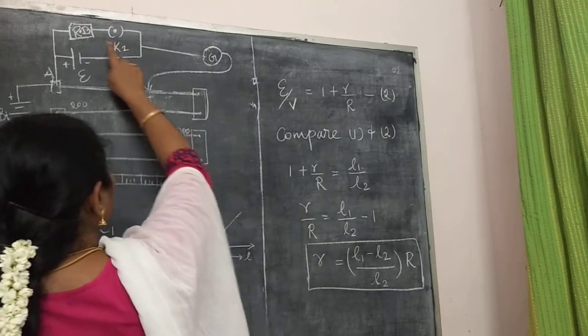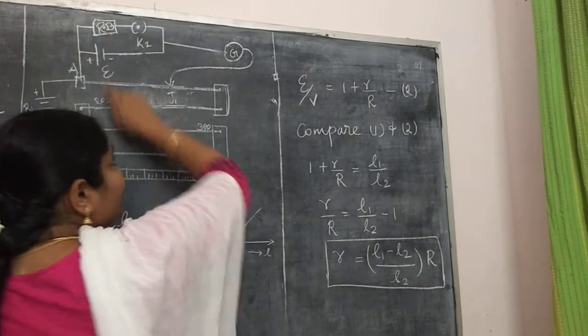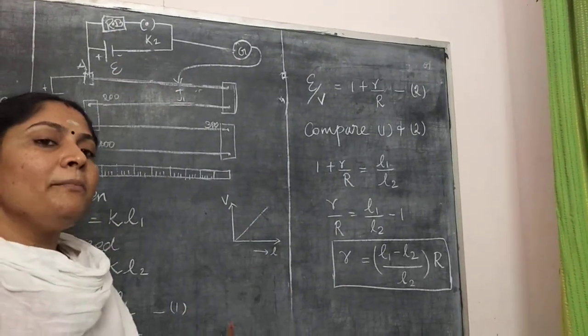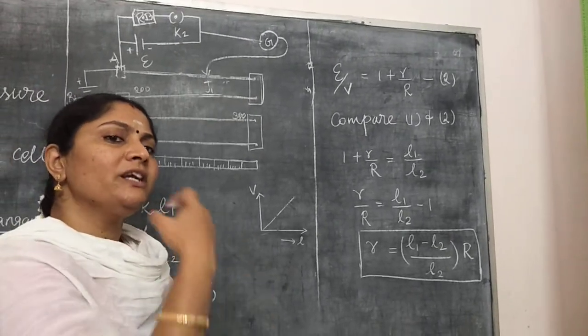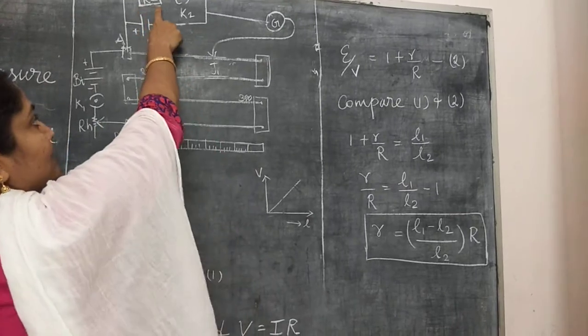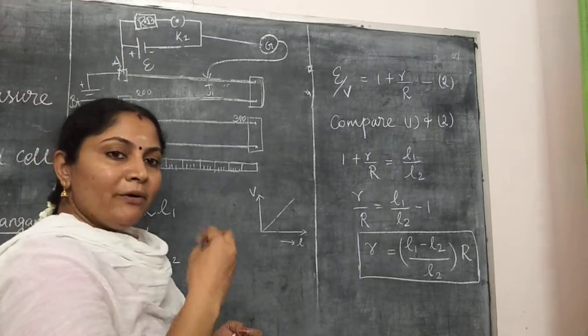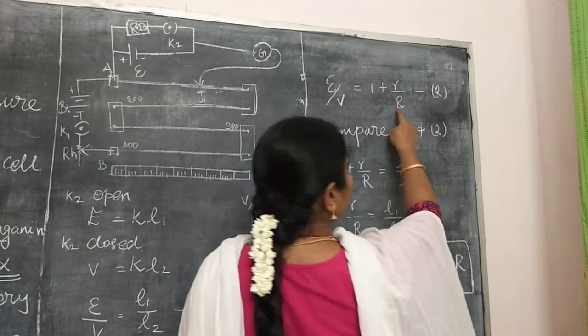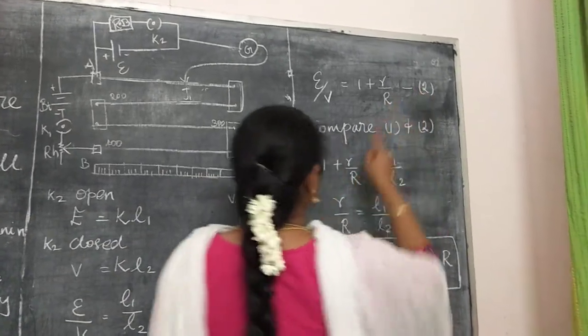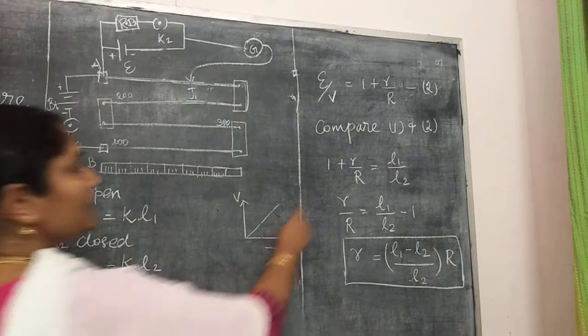The external resistance is measured with the help of the resistance box, whose value can be chosen by us. We choose the value using this resistance box, so we can substitute that value here. See equation number 1 and equation number 2.